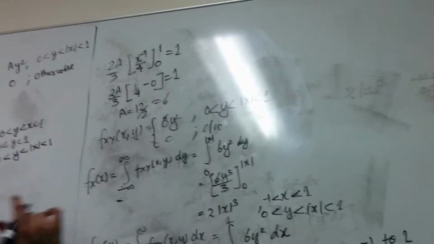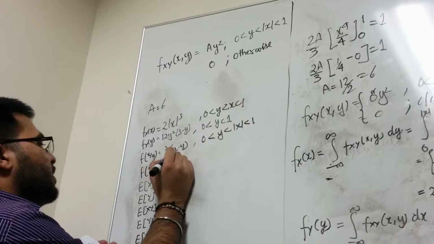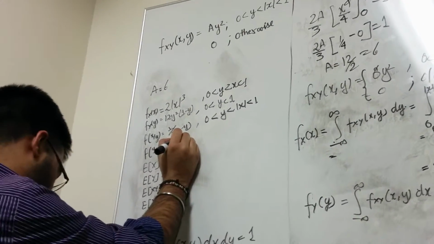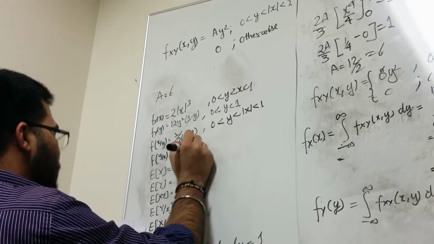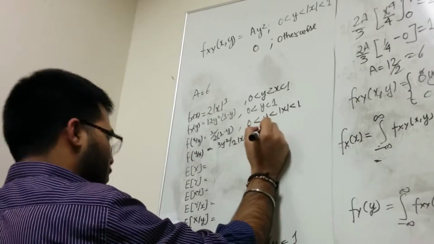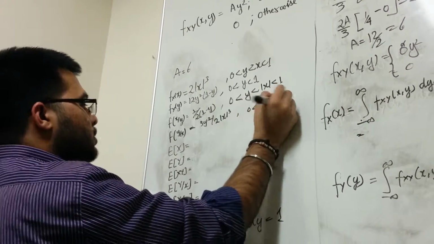So we get the value of f y given x as 3y square divided by mod x cube in the limit range of 0 to mod x.